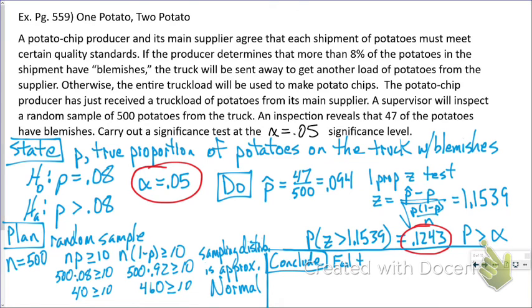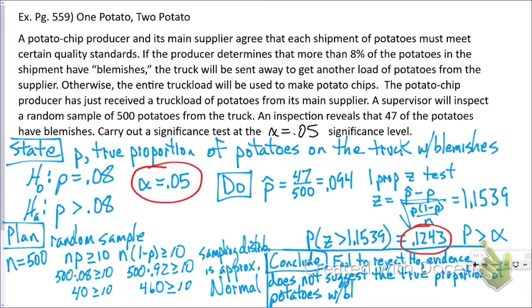Fail to reject H0. Evidence does not suggest the true proportion of potatoes with blemishes is greater than 0.08.